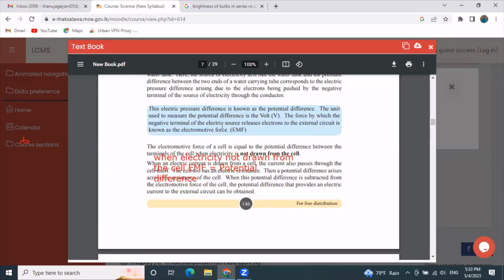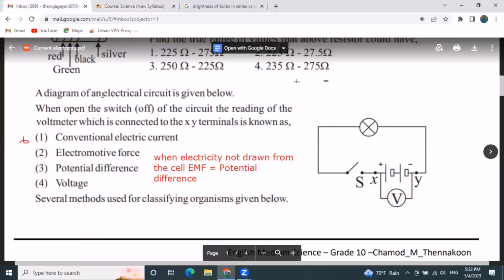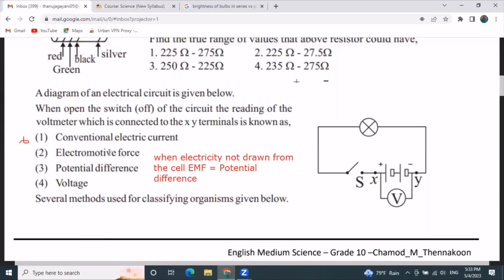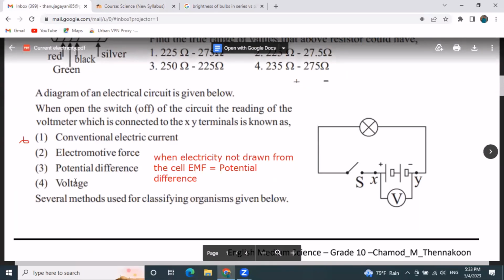So voltage is also equal to potential difference. Second answer, third answer and the fourth answer, all three answers are correct. There's an error in this question. We'll see. Okay, let's move to the next question.